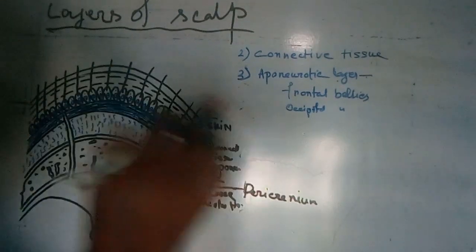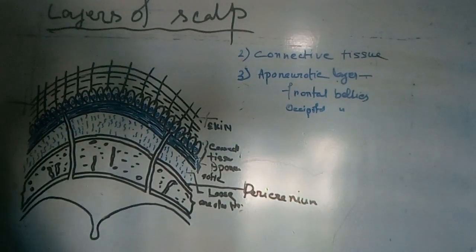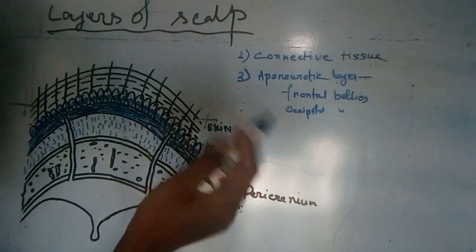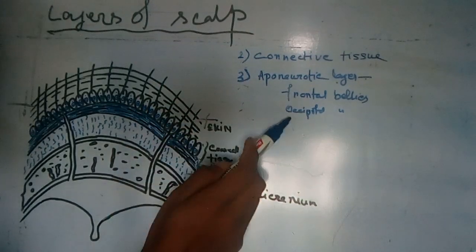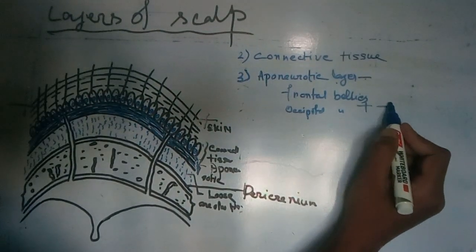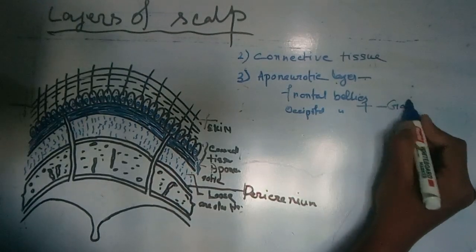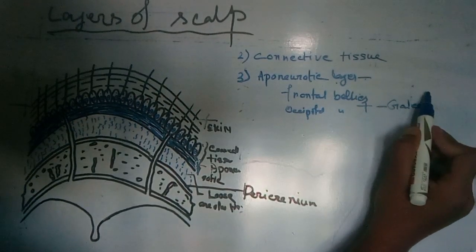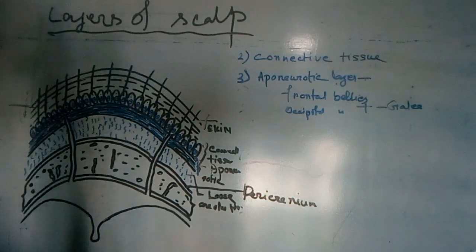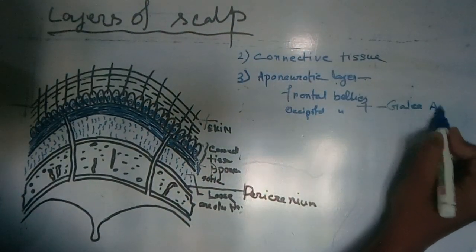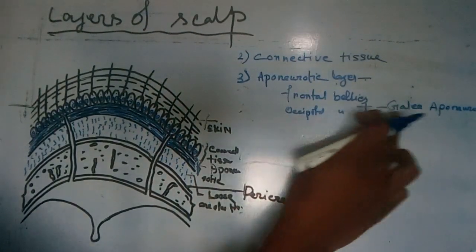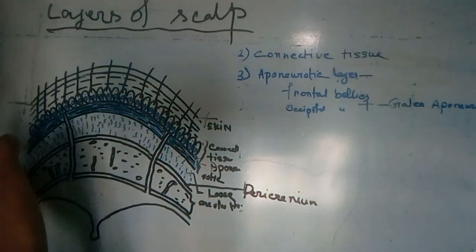These are the two muscles, and they are connected by a fibrous sheet, that is the galea aponeurotica. The frontal and occipital bellies are connected by the galea aponeurotica. This is the layer.